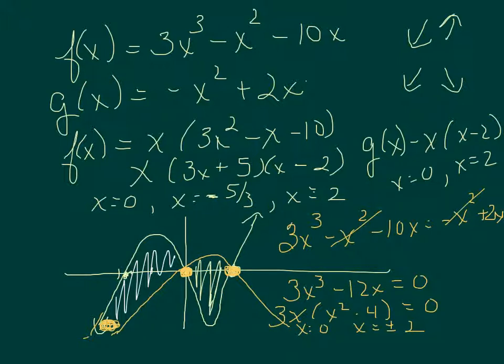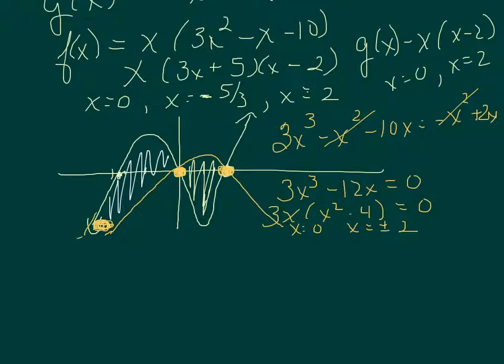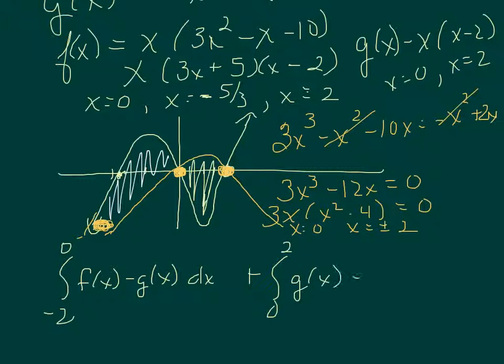So the first one is the integral from negative 2 to 0 of f of x minus g of x, plus from 0 to 2 of g of x minus f of x. If we don't do that in order, you'll get the wrong answer. If you go all the way from negative 2 to 2, it's going to be wrong. You have to look at where things switch.